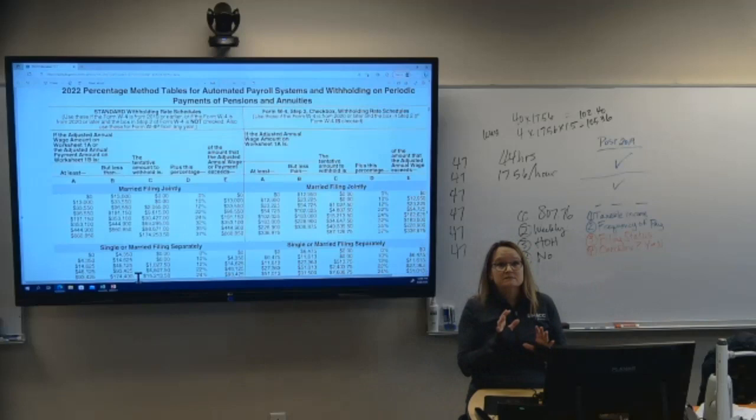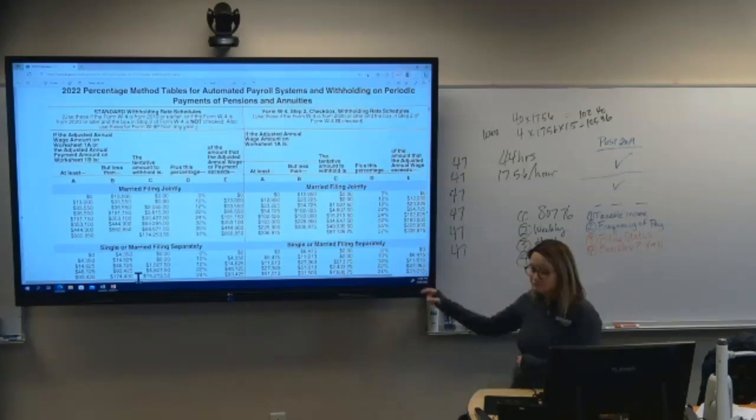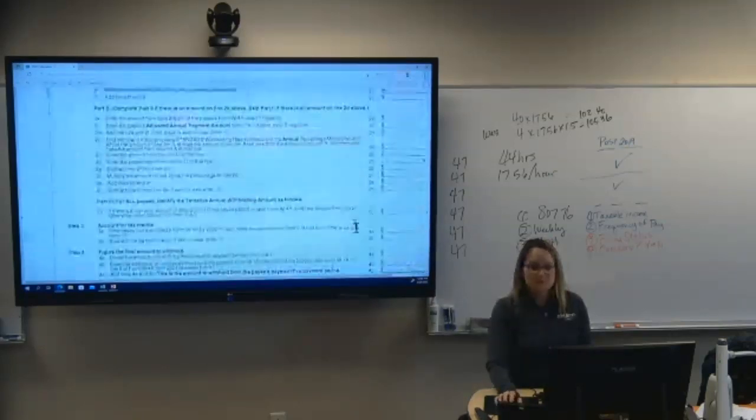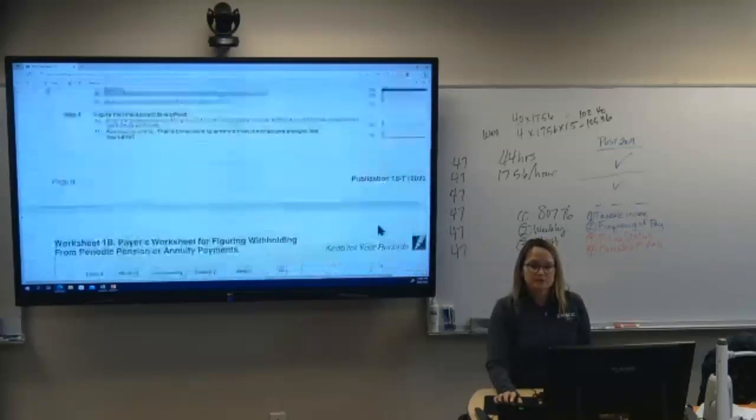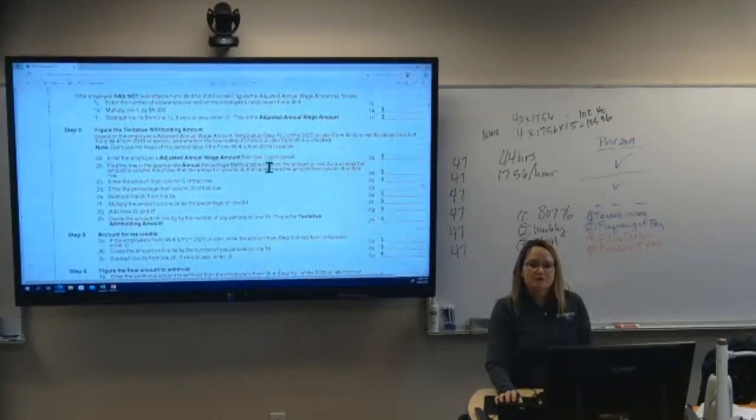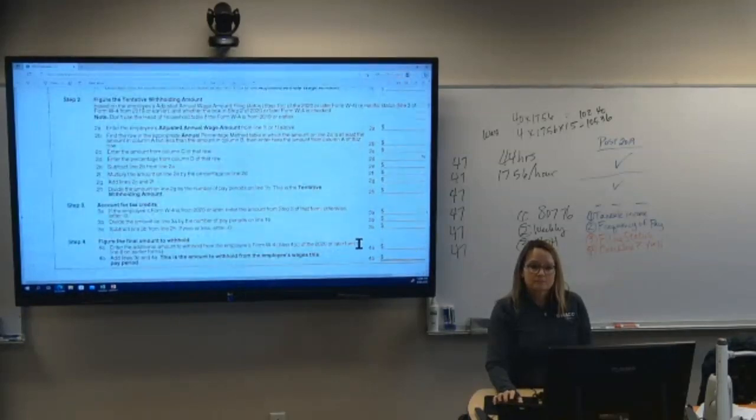If there's nothing in those boxes, then this is the withholding. If there is something, then you've got to do some extra steps. If you follow the form, and the forms are here, just use the right one, don't use this one. This is for pension and annuity payments. But follow this form, you can figure it out.